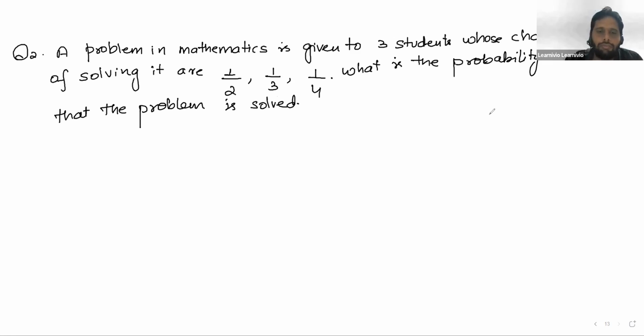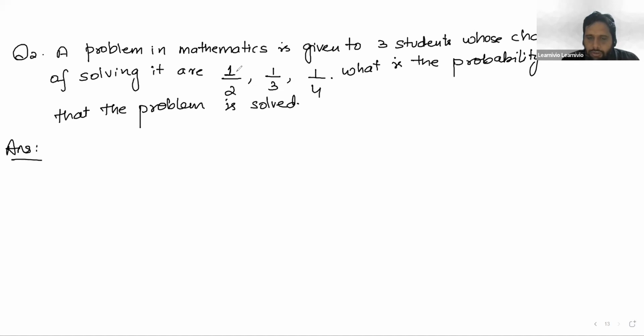Noma, can you tell me when we will say the problem will be solved? There are three students, and their probabilities of solving it are given. We need to find when the problem will be solved. See, if one student solves the problem, we will say the problem is solved.